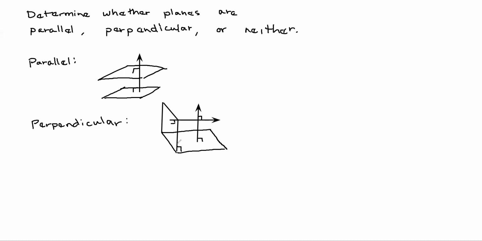So if you shifted this down, it would have to be a 90-degree angle with this vector here. And just shifting it downward is not going to change the angle between the two vectors. Hopefully that made sense. In any case, perpendicular planes have orthogonal normal vectors.